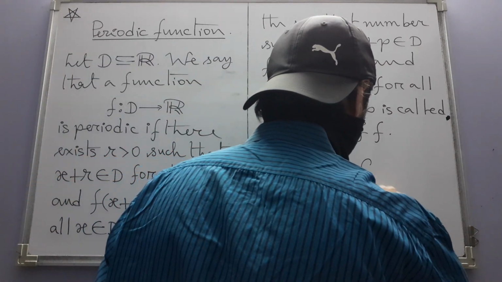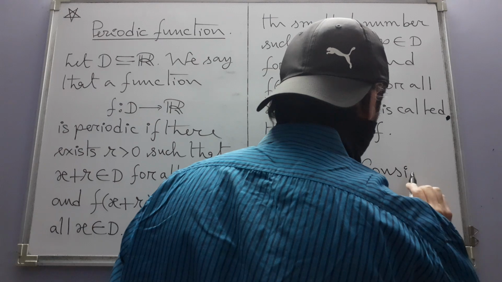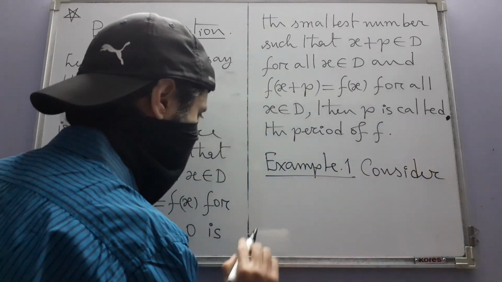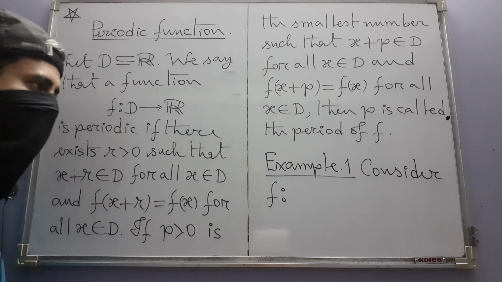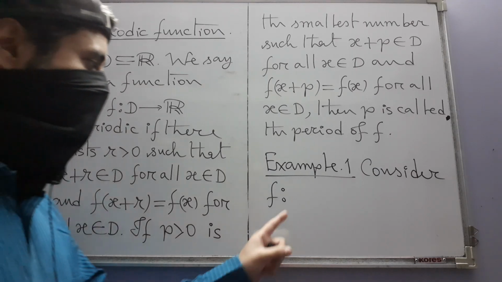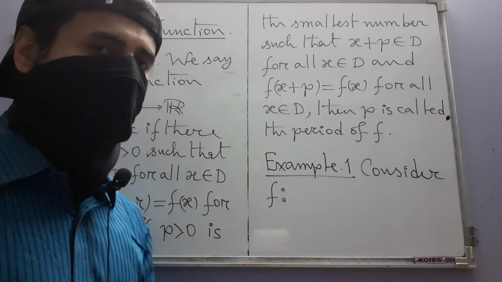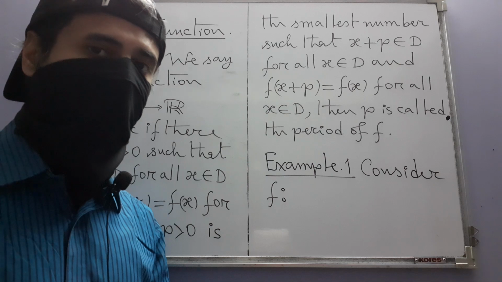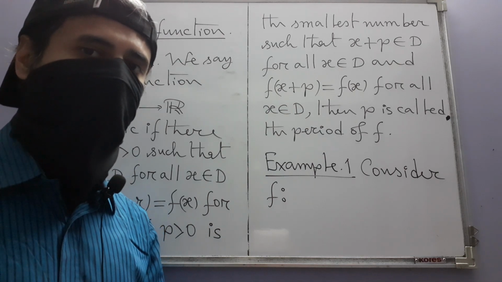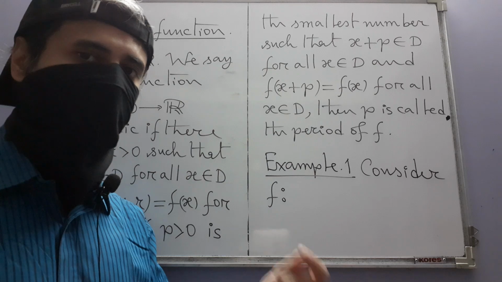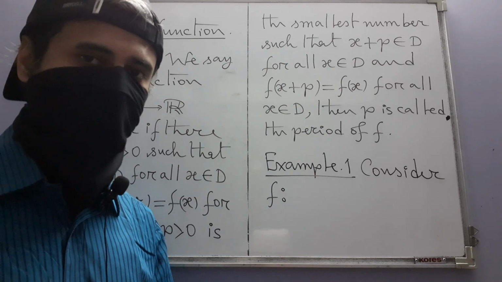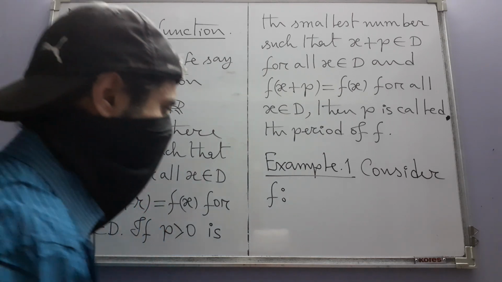So consider this function. You know what the domain of the tangent function is. You can take all real numbers except the odd integer multiples of pi over 2, because at those points cosine becomes 0 and tangent hence is undefined.